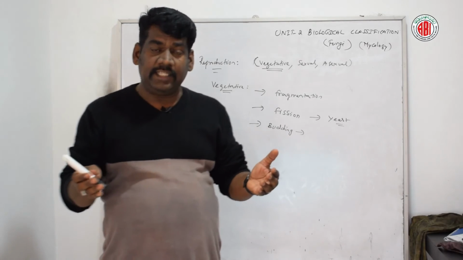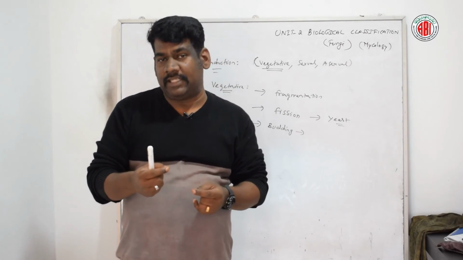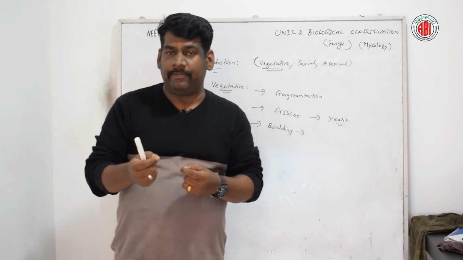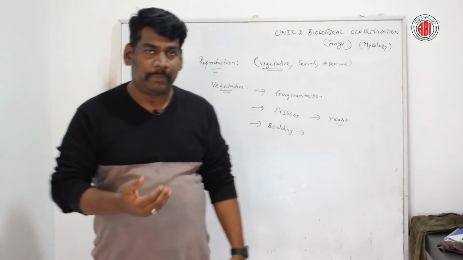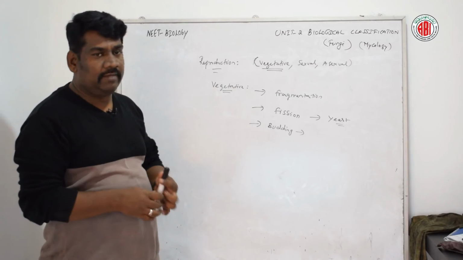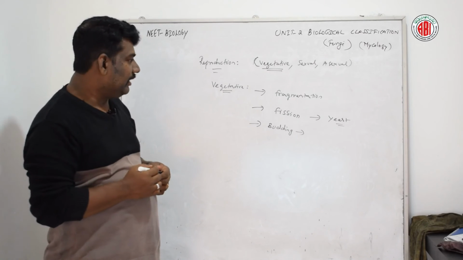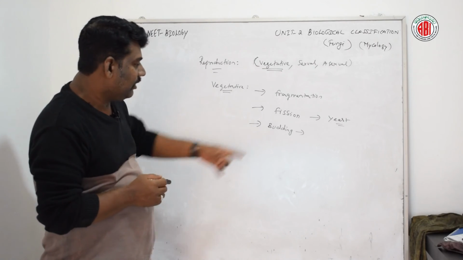As it increases, it detaches from the mother cell, breaks away, and develops into a new mycelium or a new fungal organism. So that is one of the most important methods, a peculiar type of vegetative reproduction called budding.